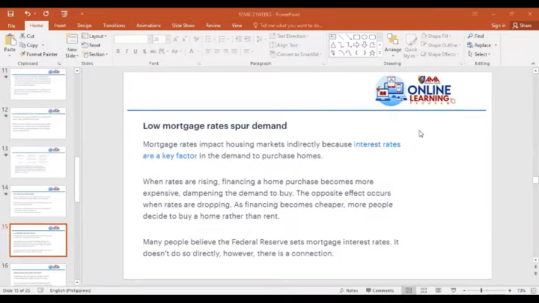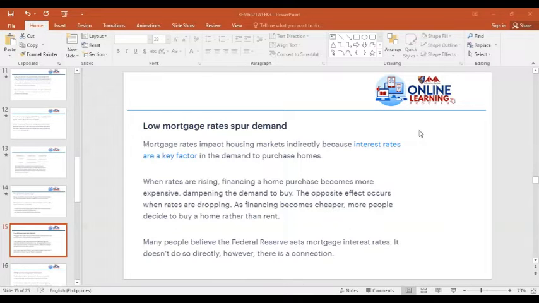So, low mortgage rates boost demand. Mortgage rates impact housing markets indirectly because interest rates are a key factor in the demand to purchase a home. When rates are rising, financing a home purchase becomes more expensive, dampening the demand to buy.